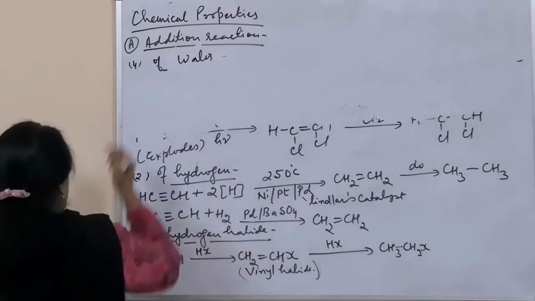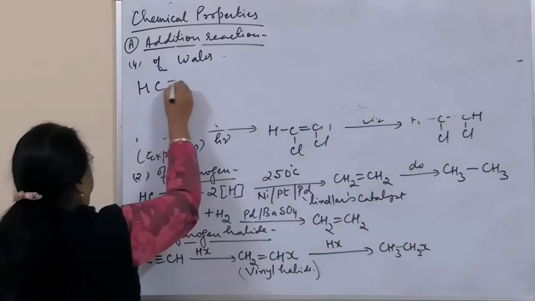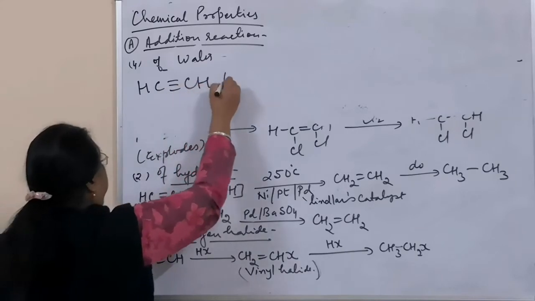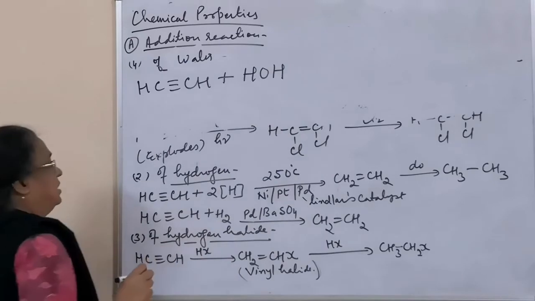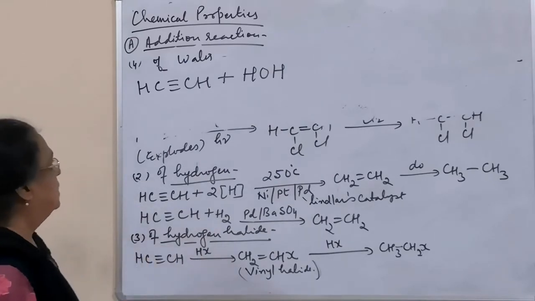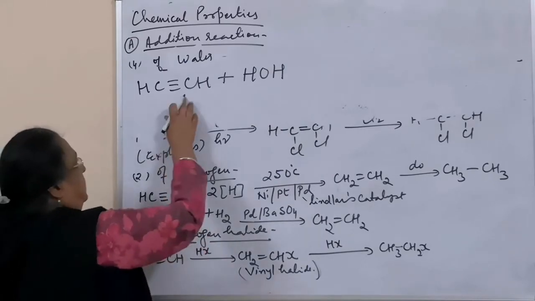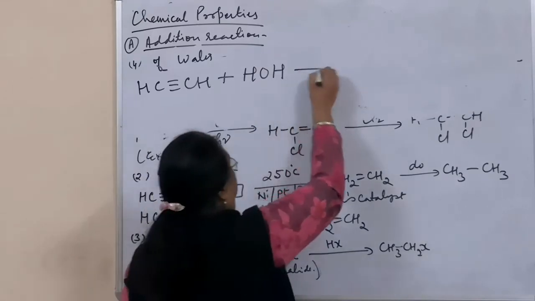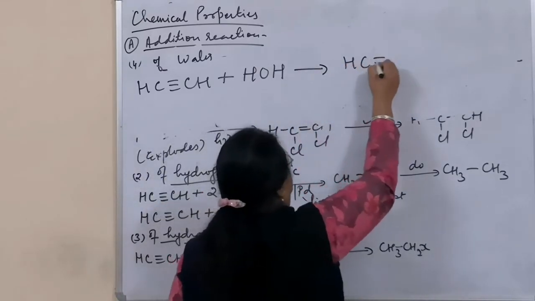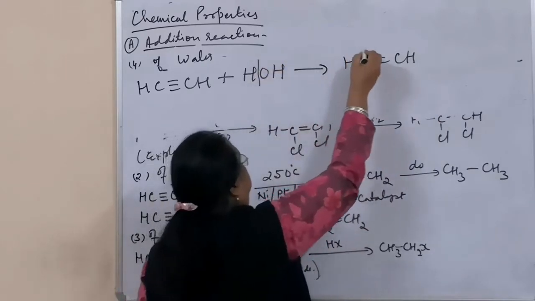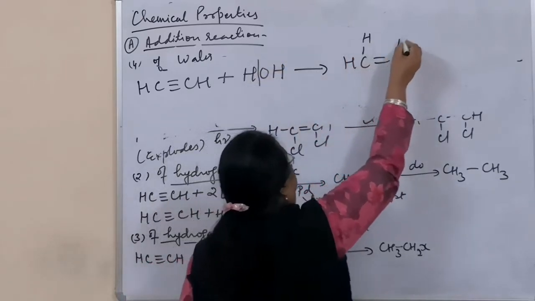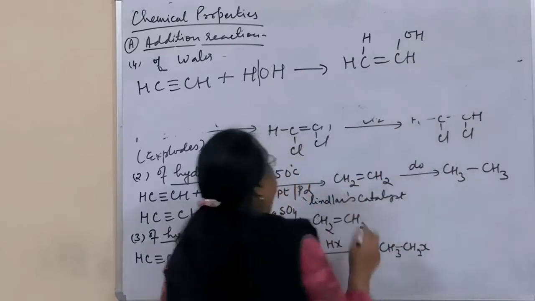When acetylene comes in contact with water, or is hydrolyzed, the reaction takes place in two steps. First, the triple bond will be turned into a double bond. We'll have CH double bond CH, and one piece of water will be attached there, the other piece of water will be attached there.